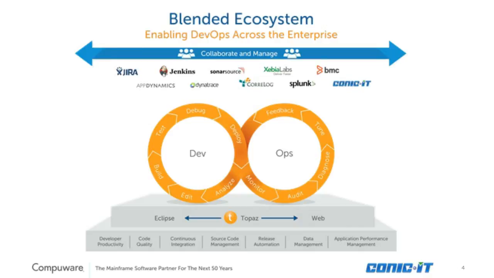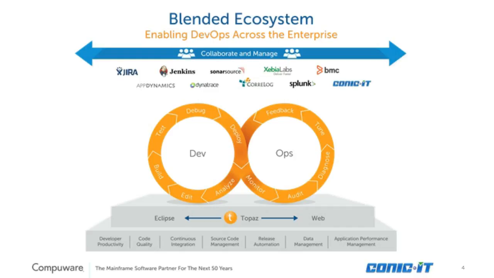Thanks, Janet. So at Compuware, we are mainstreaming the mainframe, and the way that we're doing that is bringing DevOps to the mainframe. Your distributed groups are probably already doing DevOps today, and they're using tools to do this. They're using Jira and Jenkins and SonarSource and Zebia Labs, Corelog, Splunk, AppDynamics, Dynatrace, BMC.